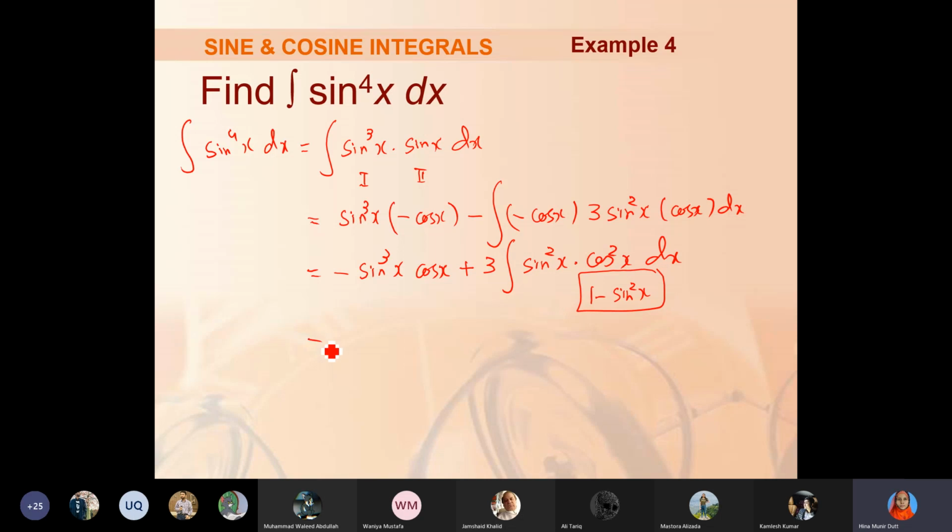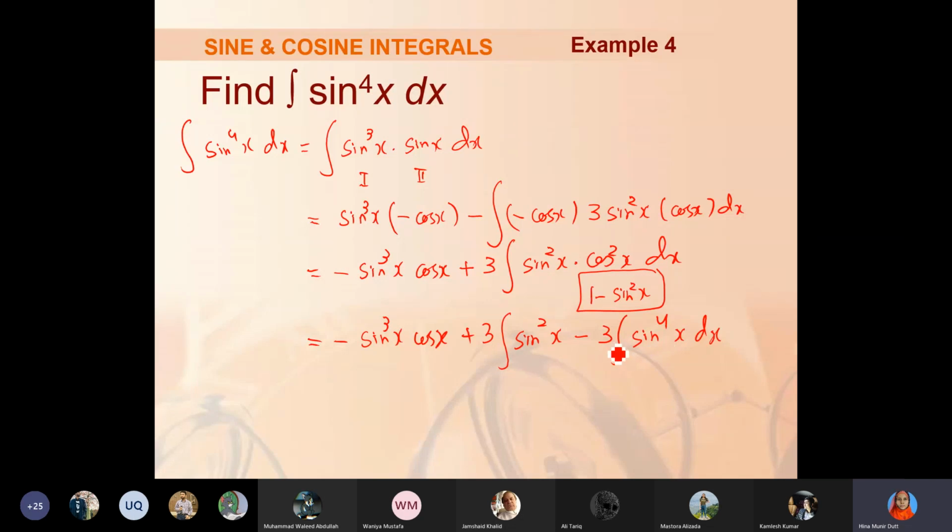So it becomes minus sine cube x cos x plus 3 times the integral of sine square x times 1 minus sine square x, that is, sine square x minus sine power 4x dx. So again this integral is repeated, sine 4x.